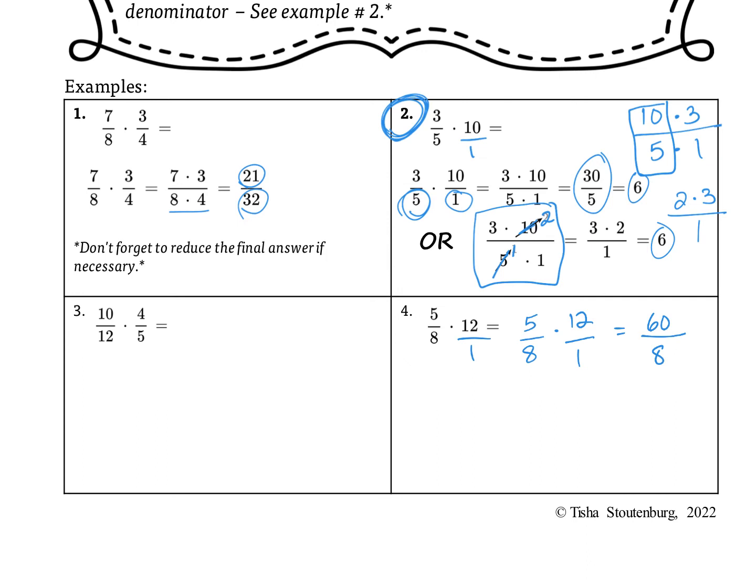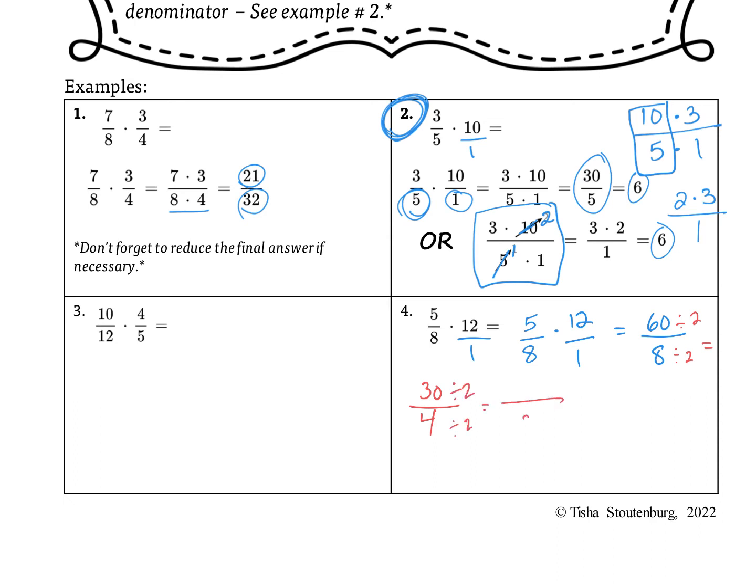So if I switch my color pen here, if I divide both of these top and bottom by 2, I'm going to get 4 over 30. Okay, and I still have even numbers, so I can divide by 2 again.